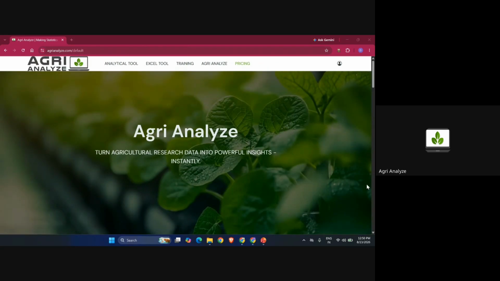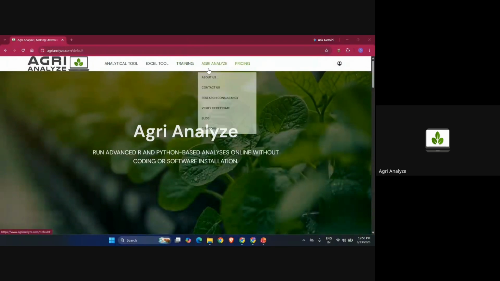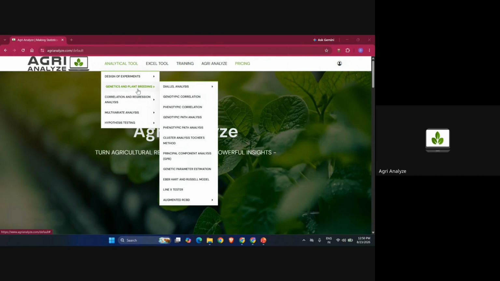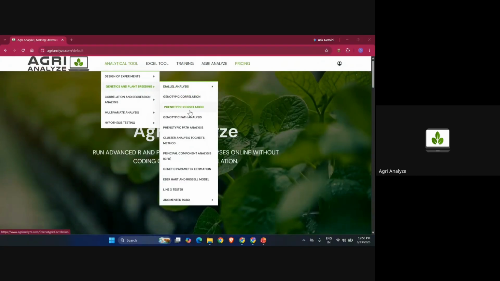After login in AgriAnalyze, some tools are given: analytical tool, Excel tool, training, AgriAnalyze and pricing. From the analytical tool, go to the genetics and plant breeding section. There you get diallel analysis, genotypic correlation, phenotypic correlation, genotypic and phenotypic path analysis, cluster analysis by Tocher's method, principal component analysis, and genetic parameter estimation.